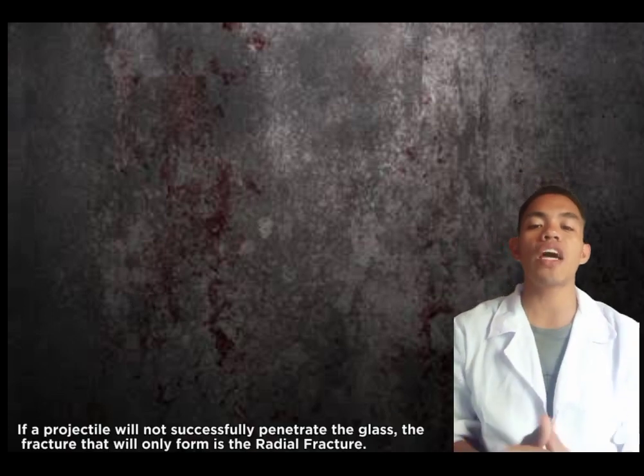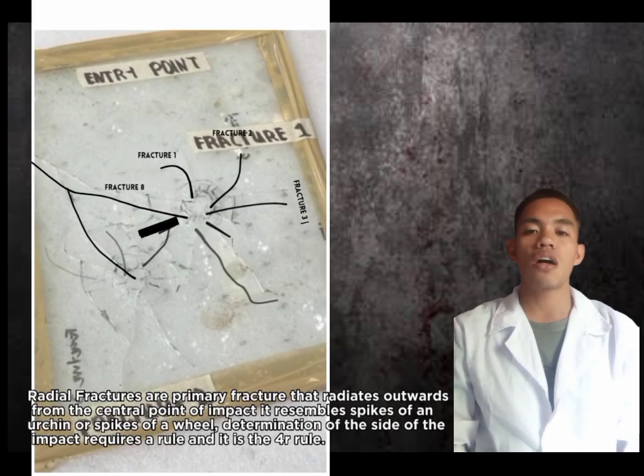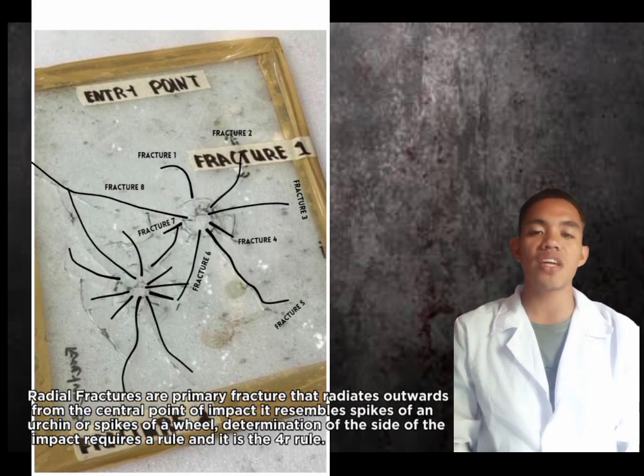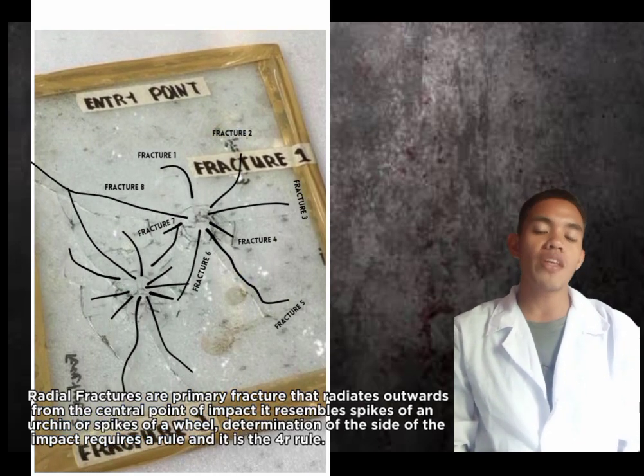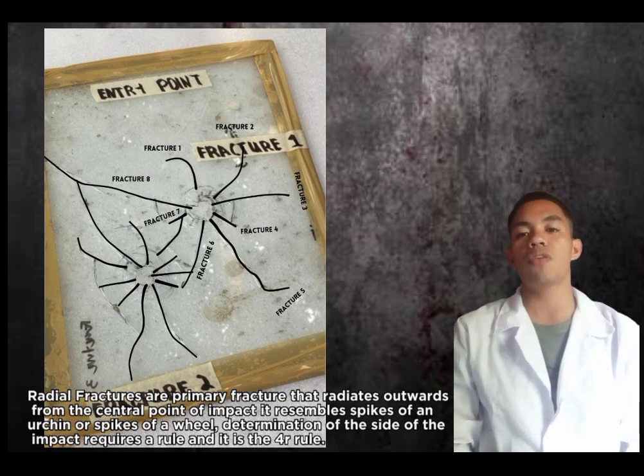If a projectile does not successfully penetrate the glass, the only fracture that will form is the radial fracture. Radial fractures are the primary fractures that radiate outwards from the central point of the impact, and they resemble the spokes of a wheel. Determination of the radial fractures requires a rule, and it is the 4R rule.